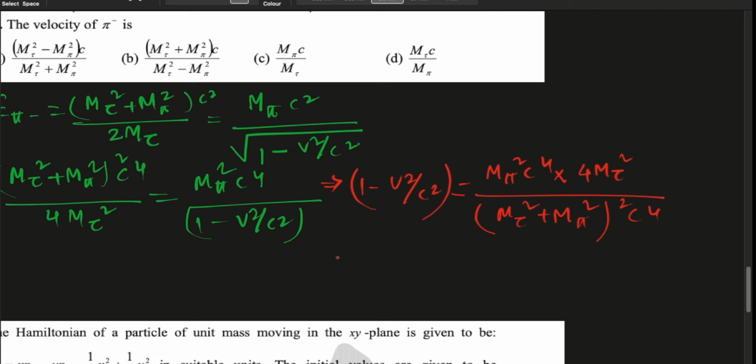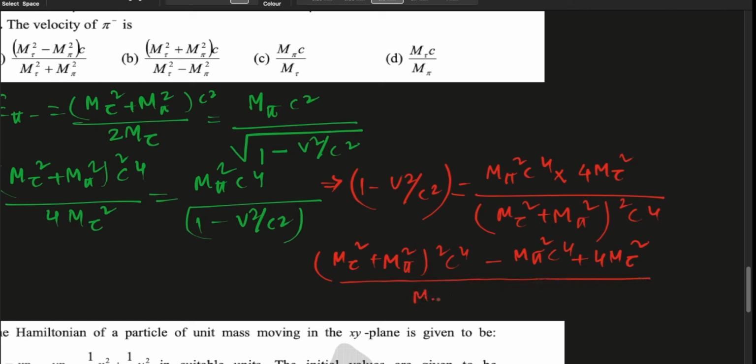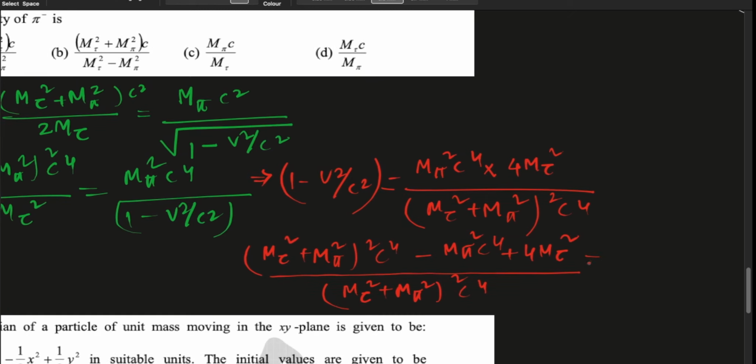So m tau square plus m pi square whole square c to the power 4 minus m pi square c to the power 4 plus 4 m tau square, divided by m tau square plus m pi square whole square c to the power 4. All right, so it is equal to v square by c square.